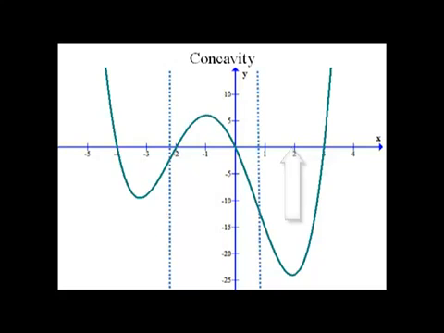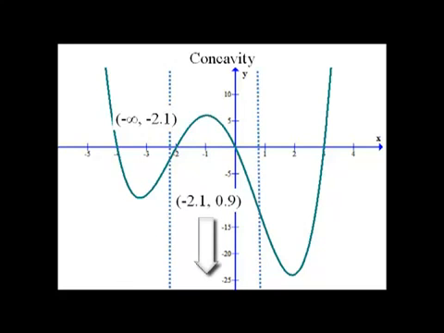Now just like with increasing and decreasing, we're going to use interval notation. So it's concave up from -infinity to -2.1. Then it switches to concave down from -2.1 to 0.9. Then it switches back to concave up from 0.9 on to infinity. So we have 2 places where it's concave up and 1 where it's concave down.